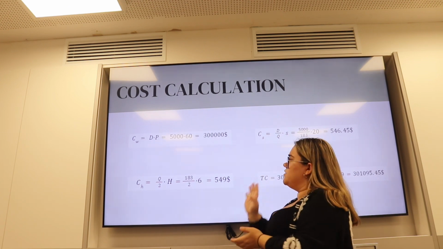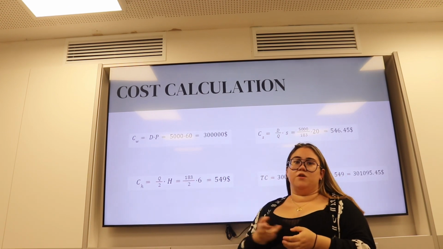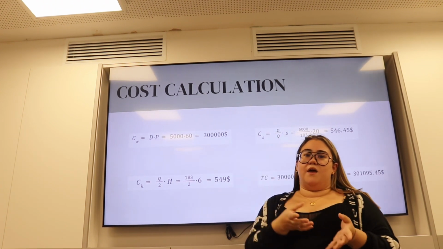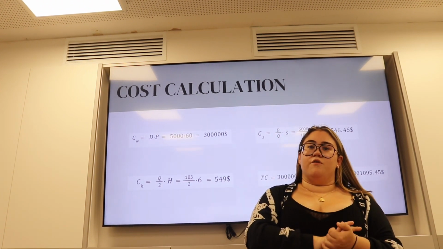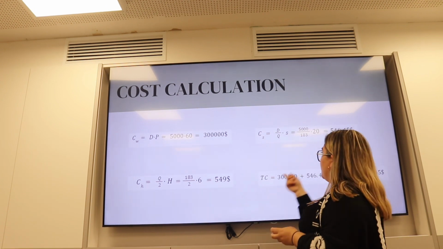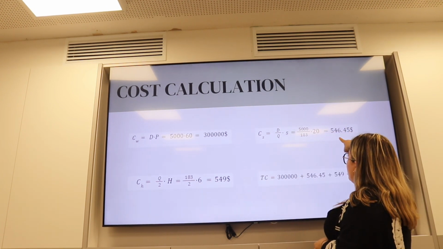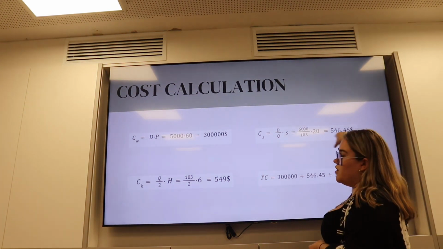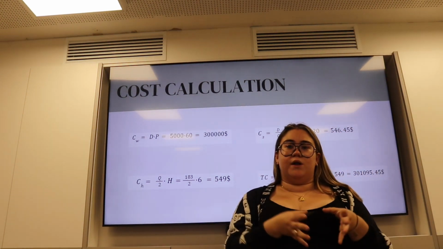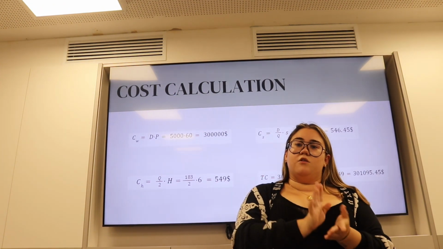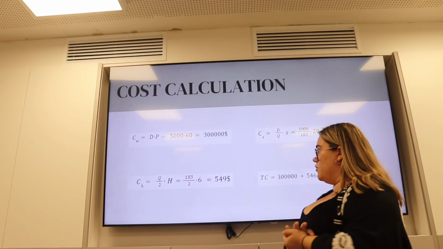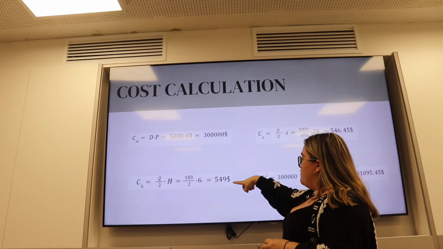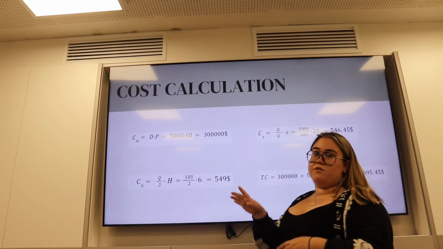The cost calculation begins by calculating the total unit cost that, as you can see, is 300,000. Then we determine the total cost of ordering our units, that the ordering cost is $546.45. And finally, we can elaborate on the holding cost of these units we have in stock. The holding cost is $549.